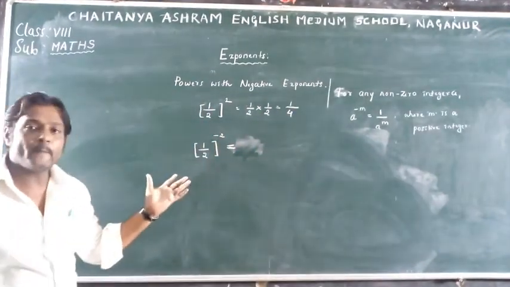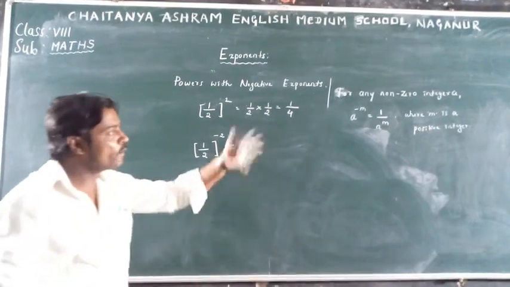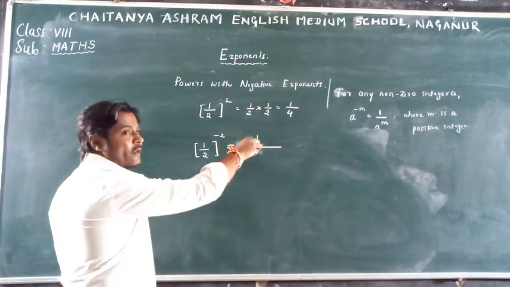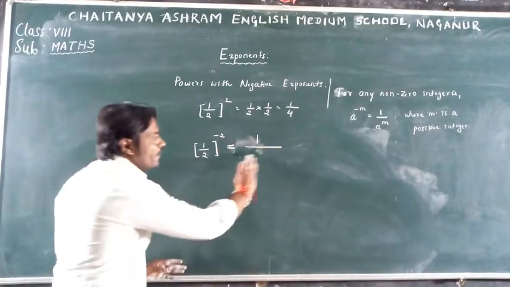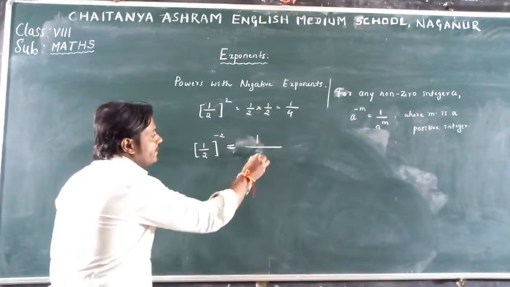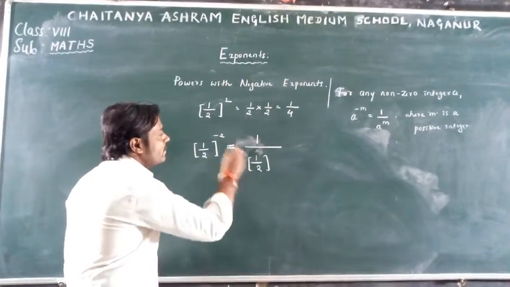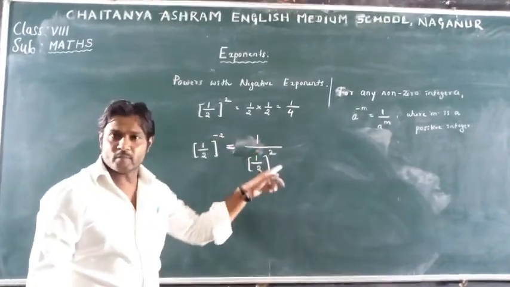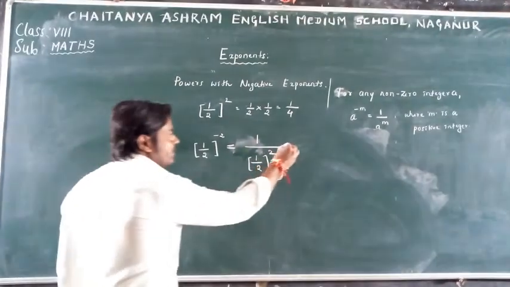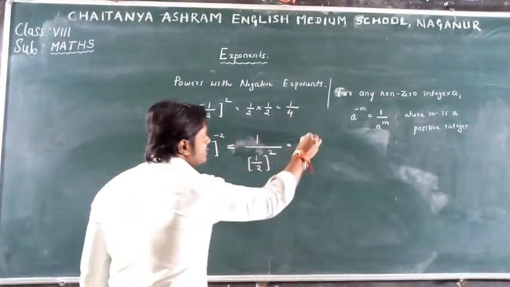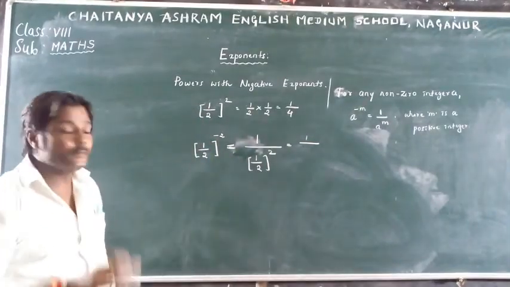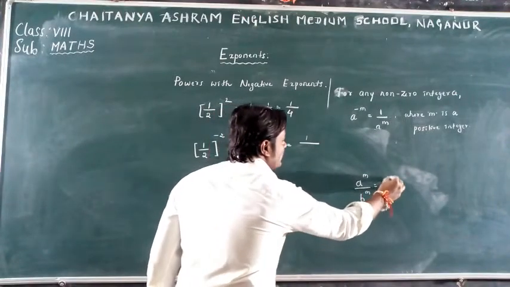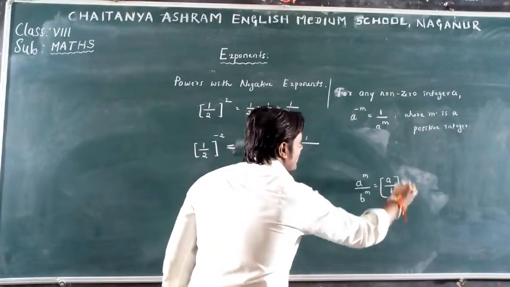First convert this into a positive exponent. How? We learnt to make a fraction: write 1 in the numerator, and in the denominator write the whole exponent, that is 1 by 2 with power plus 2. Negative exponent becomes positive exponent. Then write 1 as it is. According to the fifth law of exponents, a raised to m divided by b raised to m is equal to a by b whole raised to the power m.